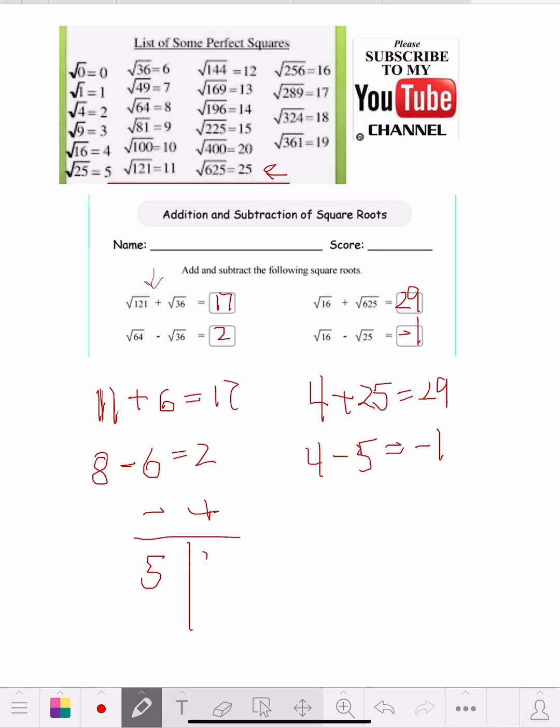We got a 4. What team's greater? If I had multiple numbers, I'd just add them up, and then at the bottom, I'd say, what team is better? Well, I already know right now it's the negative team, because I can see 5 is greater than 4. And how much greater are they? They're greater by 1. So my answer is negative 1. And that was how I solved that. This is called a T-chart. You can Google a T-chart. You can look it up. You're going to find it works out great on these different negative and positive numbers.